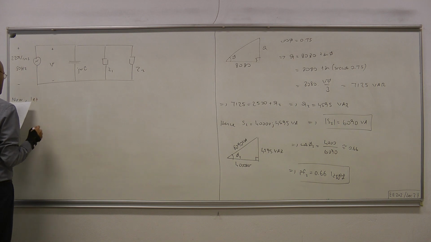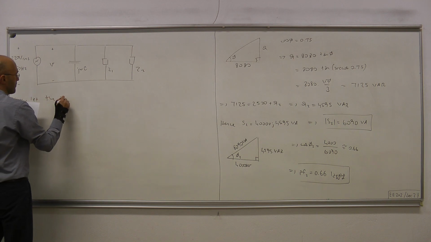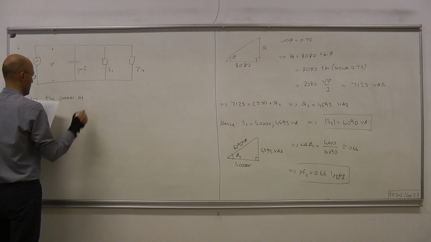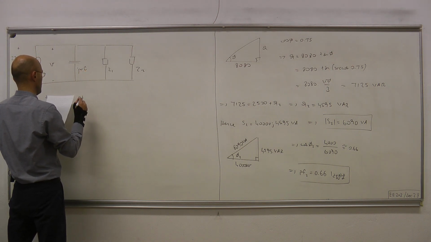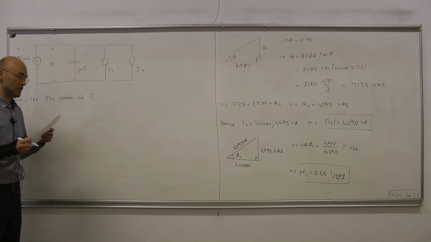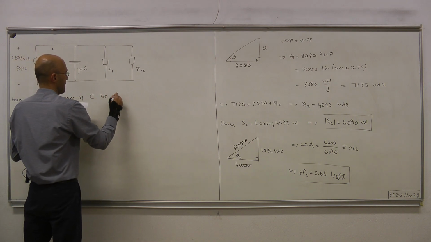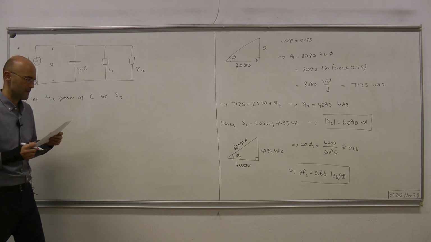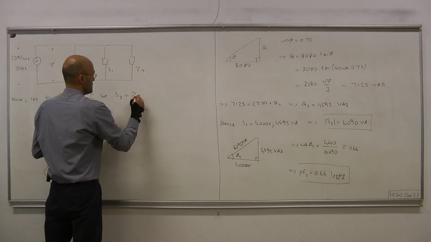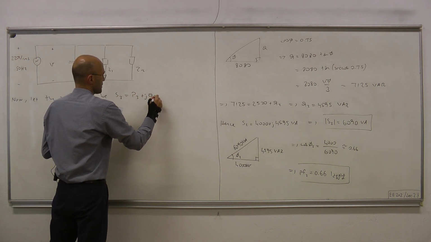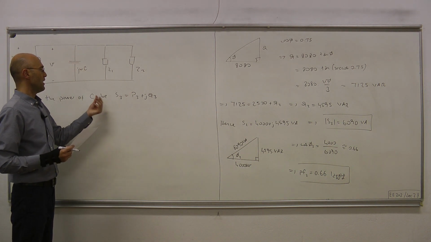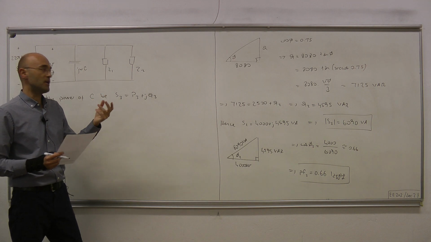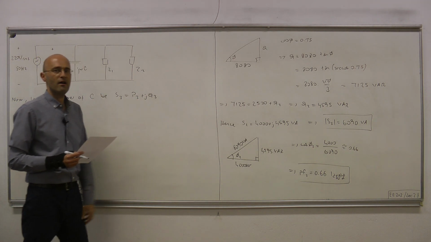Now, let the power of C, our capacitor, be S3, which is the real part plus the imaginary part, jQ3. Now we know that a capacitor, also an inductor, will always have zero average power.